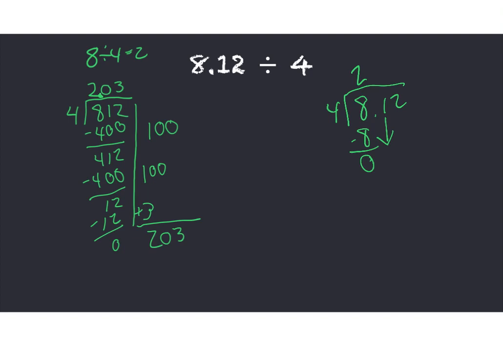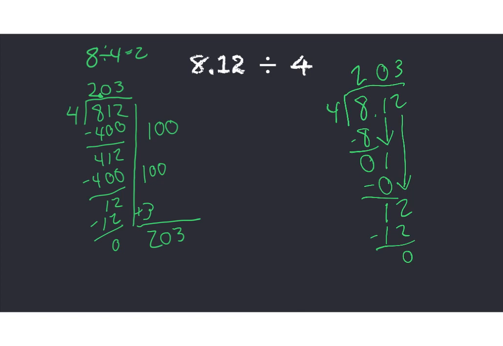Bring down the 1. 4 will go into 1 0 times. 0 times 4 is 0. 1 minus 0 is 1. Bring down the 2. 4 will go into 12. 3 times 4 is 12. 12 minus 12 is 0. So once again, we came up with 203 as our answer.